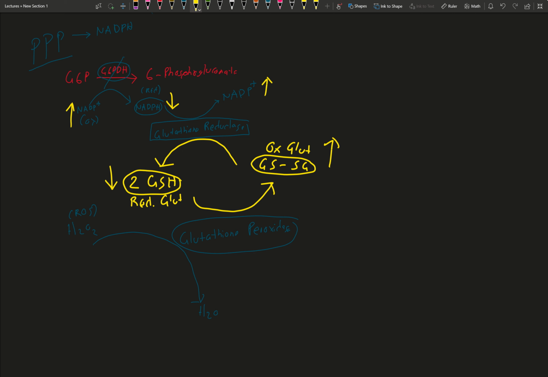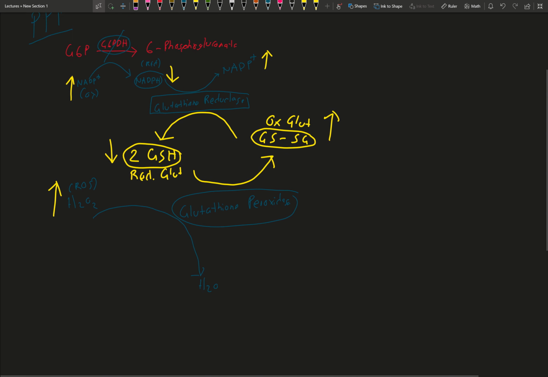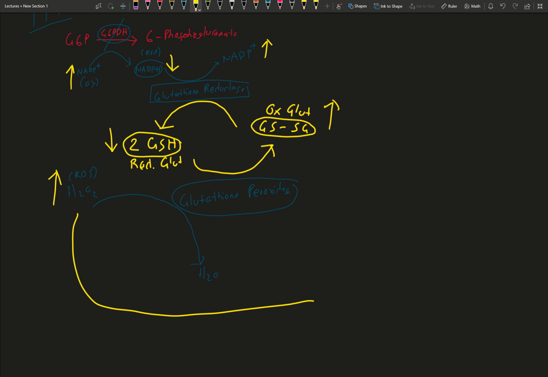Because there's a reduction in the amount of reduced glutathione, this enzyme is not able to do its job, meaning that we will begin to see an accumulation of peroxides. This becomes problematic because an accumulation of peroxides leads to hemoglobin denaturation.